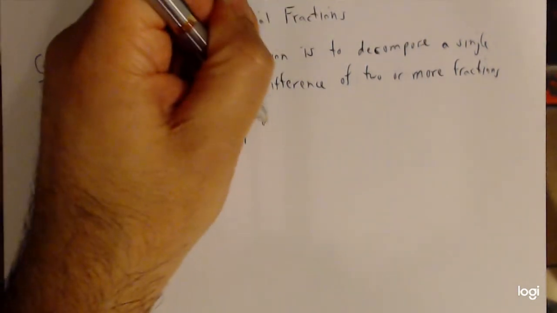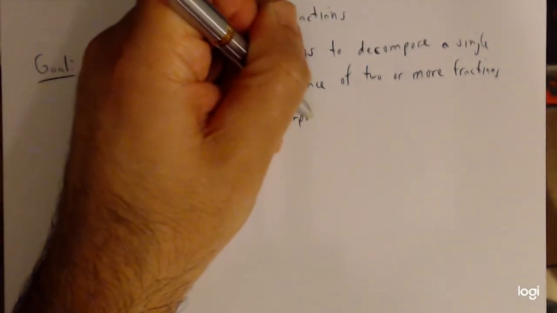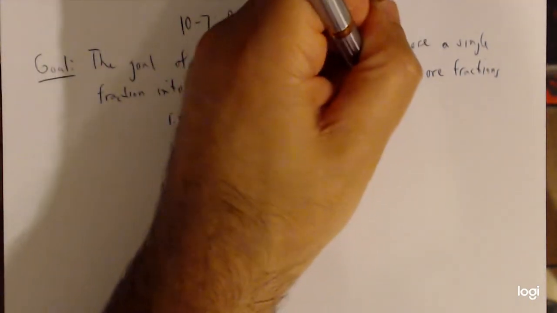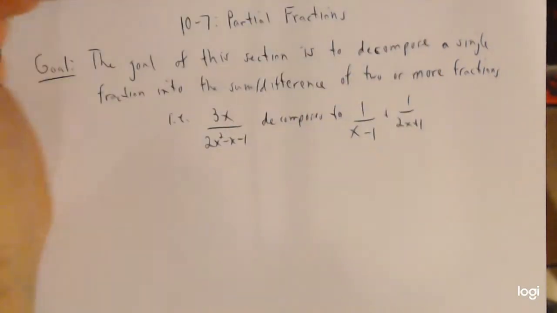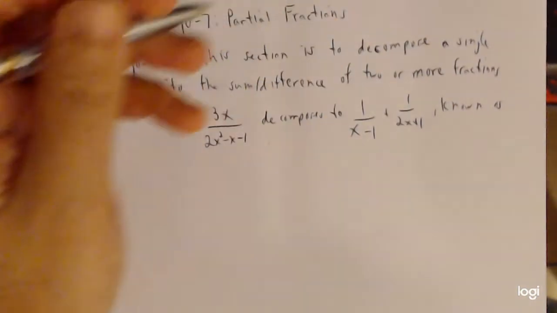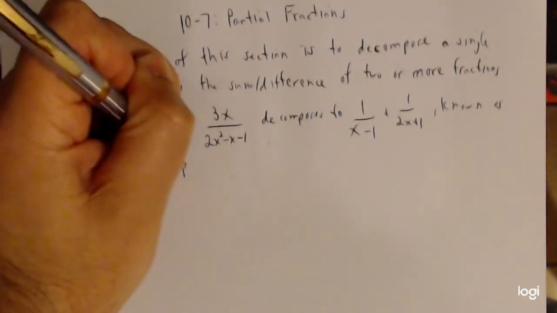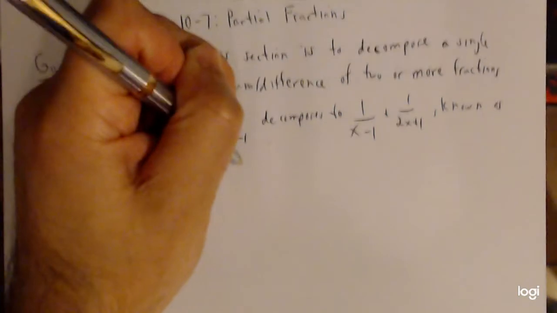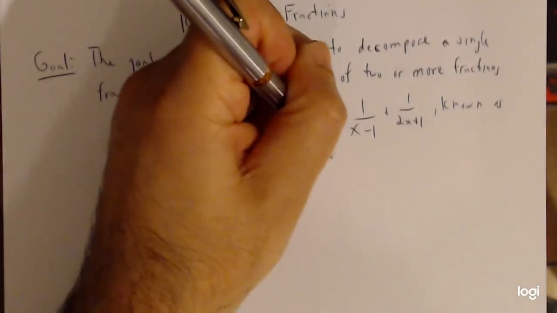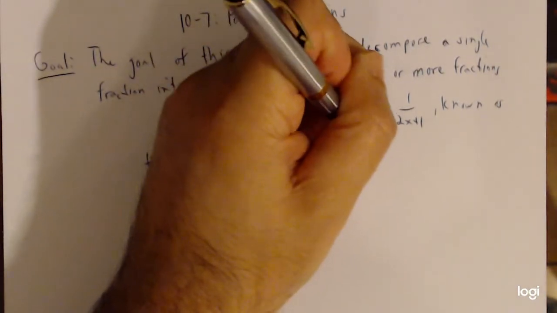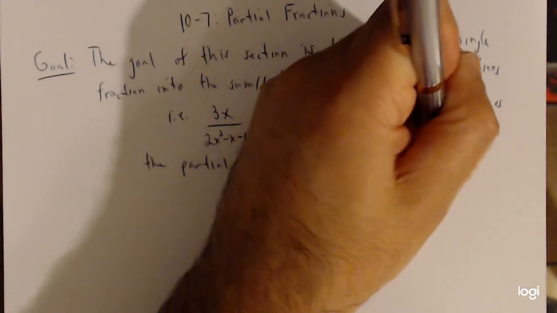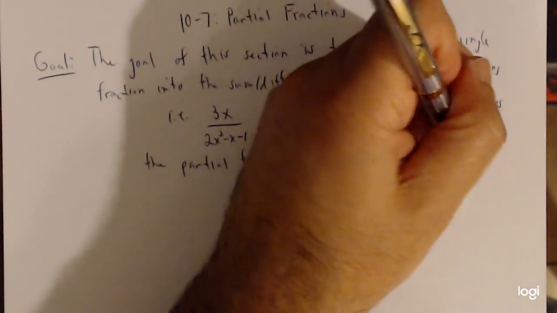This, for instance, decomposes to 1 over x minus 1 plus 1 over 2x plus 1, which is known as the partial fraction decomposition of 3x over 2x squared minus x minus 1.